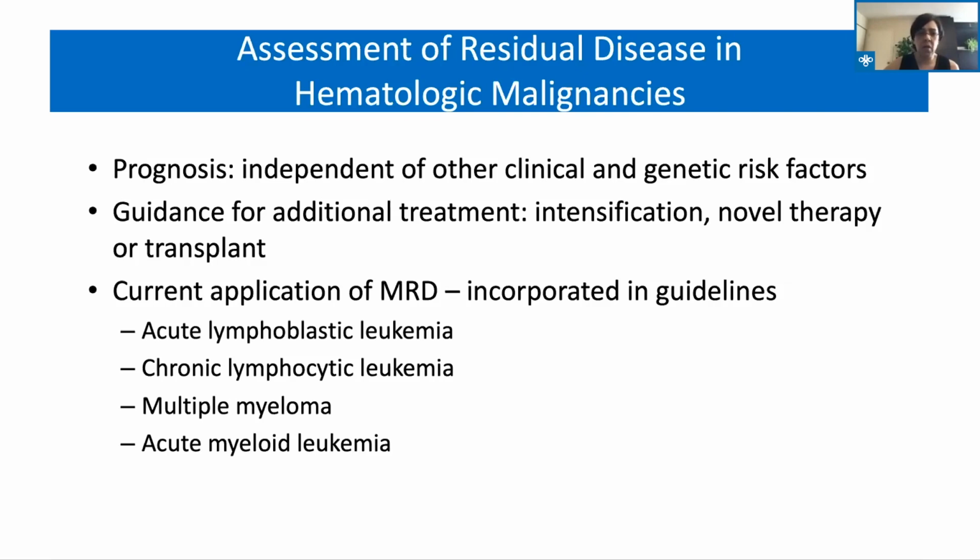It really serves as the best guidance for additional treatment in terms of intensification, novel therapies, or transplant. As it is at this moment, MRD is being incorporated as part of the guidelines, particularly for acute lymphoblastic leukemia, chronic lymphocytic leukemia, multiple myeloma, and acute myeloid leukemia.